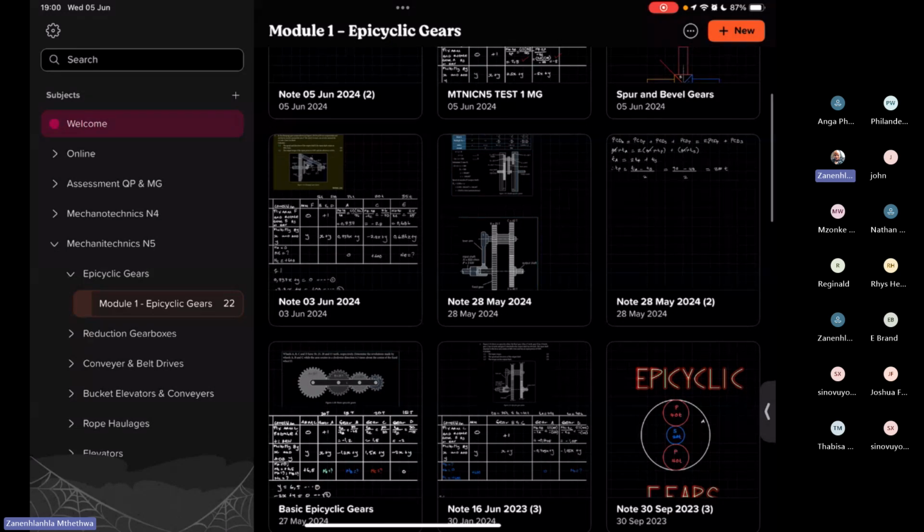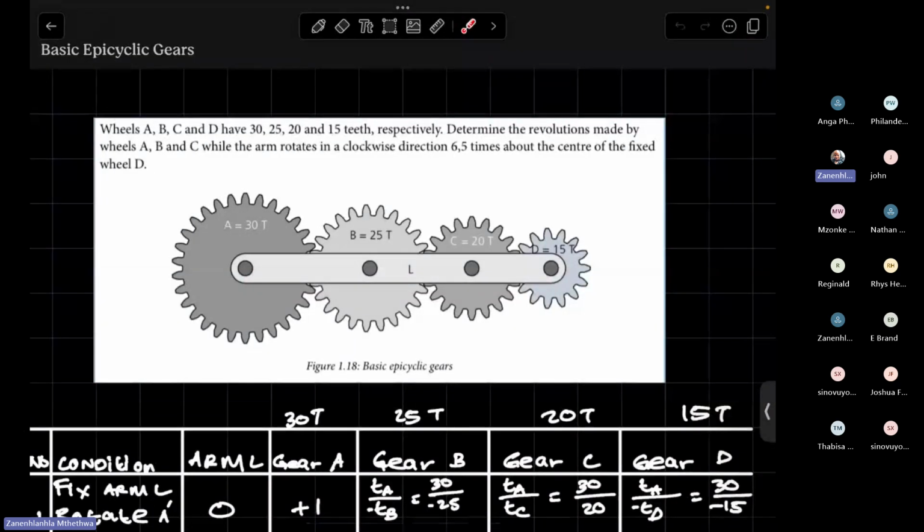Like this one, where you don't necessarily have an annulus. You just have a simple gear train that has an arm. So without this arm, this is not an epicyclic gear system. What makes this an epicyclic gear system essentially is the arm here.